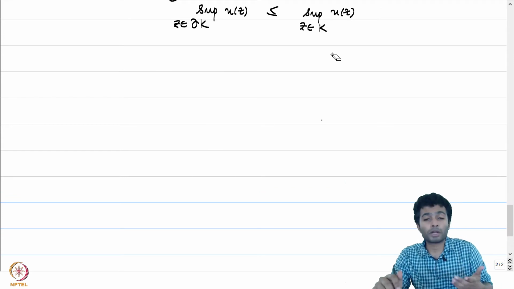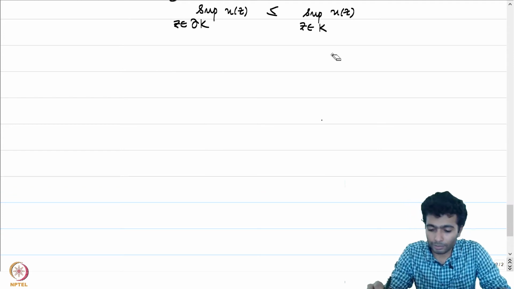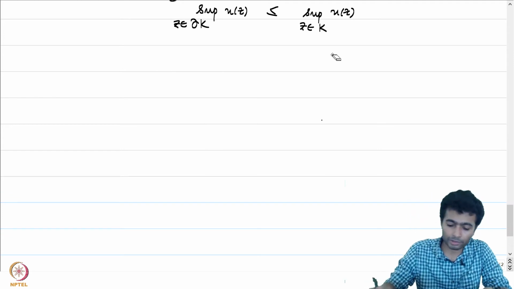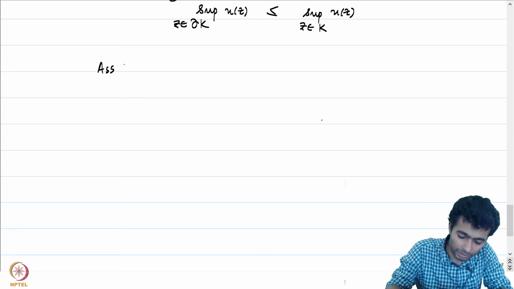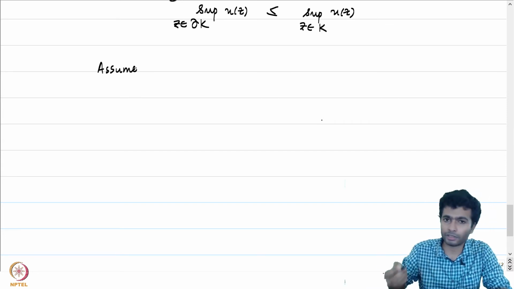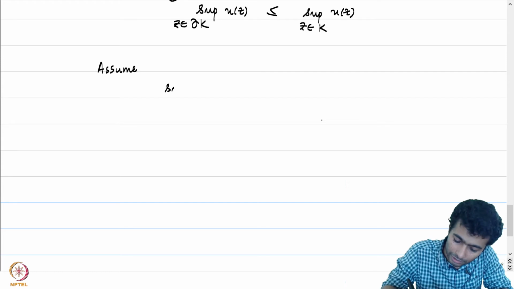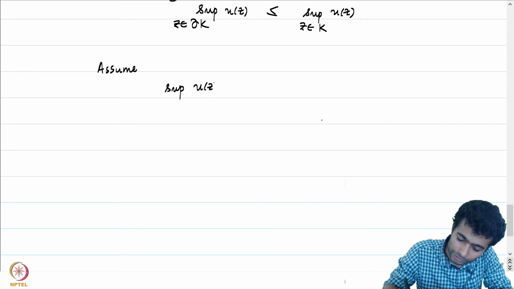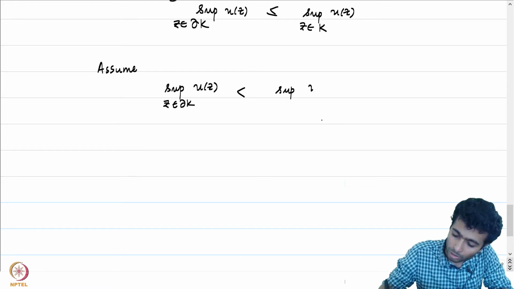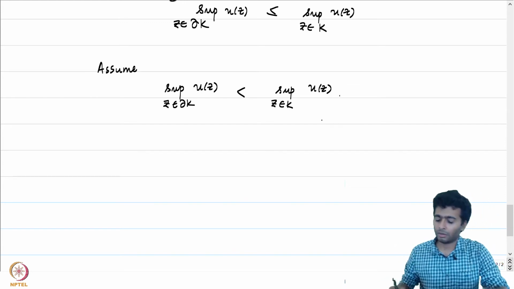So the only problem comes when this particular inequality is a strict inequality. So let us assume that the inequality is strict and let us arrive at some kind of a contradiction. Assume that the supremum of u of z, where z is in the boundary of k, is strictly less than the supremum of u of z where z is in k. What does this mean?